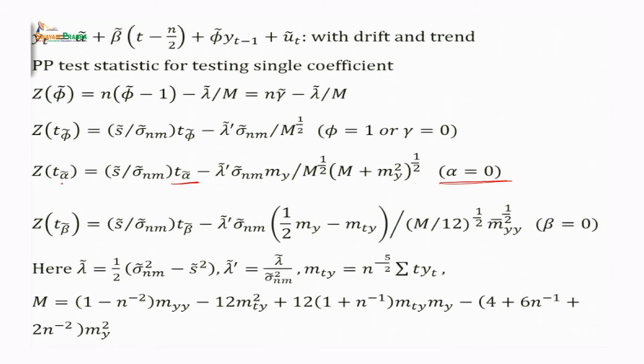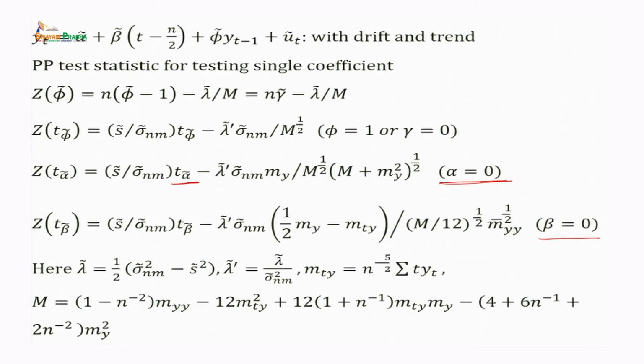And then we have adjusted this t ratio for the autocorrelations. Similarly, you define Z t beta curl also, because your model has this linear trend term. So, you may be interested in testing the hypothesis that beta is equal to 0. So, you can use this statistic for testing the hypothesis beta equal to 0.